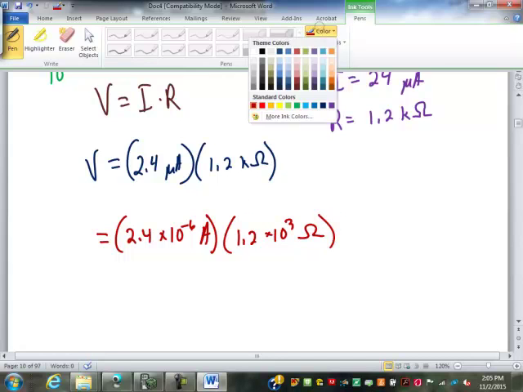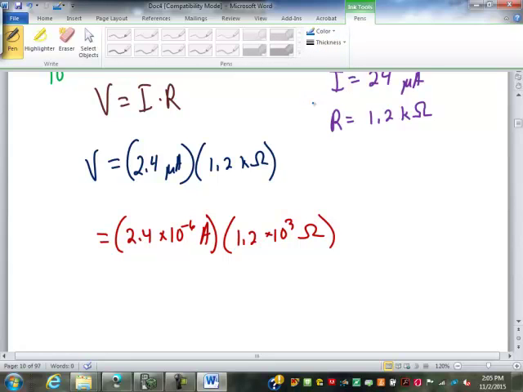Now, they're different names, and if we were adding or subtracting, that would be bad. But when we're multiplying, we can multiply things with different names. So 2.4 times 1.2 is 2.88. 10 to the negative 6 times 10 to the 3rd is 10 to the negative 3rd, right?